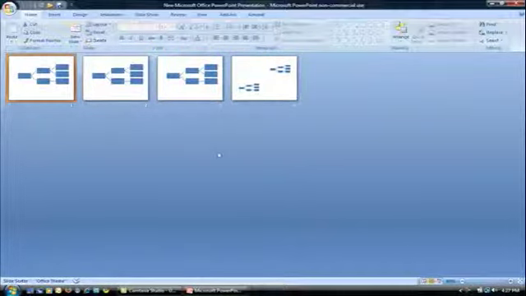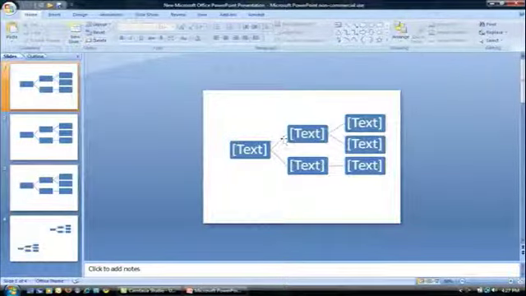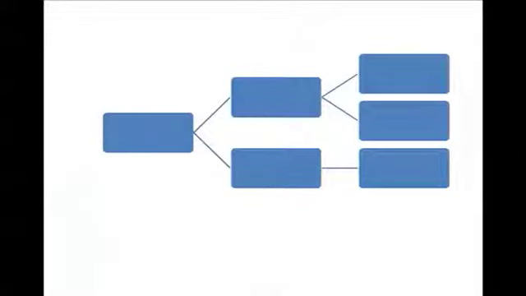So slide sorter view is commonly used for that, and then normal view is for your editing, and then the other option you have down here is the slideshow view itself, which would actually start the presentation. Those slides don't have anything on them, but you see the point. That's how it actually goes into the presentation view.